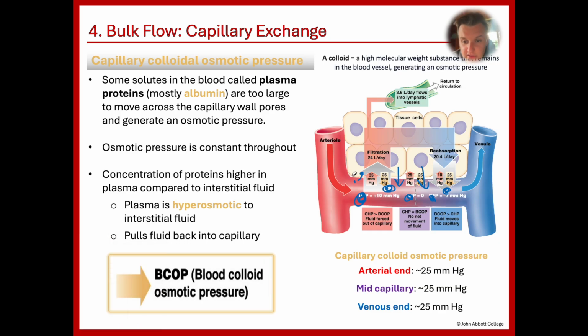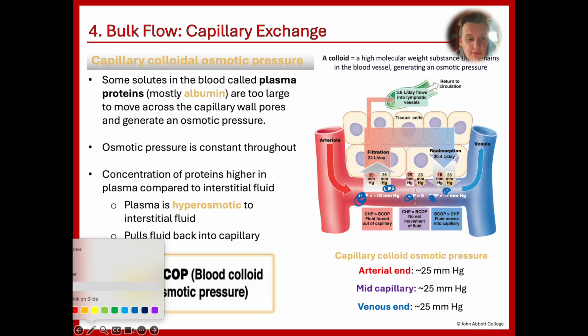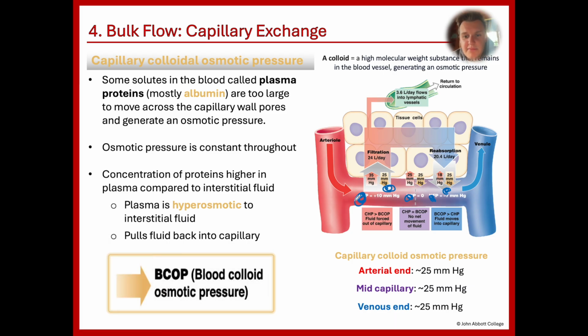So if you take a look over here, I want you to notice that this osmotic pressure is constant throughout, because the amount of proteins doesn't change, right? The amount of albumin doesn't change here versus here. They're all flowing through the blood equally. And the concentration of proteins is higher in the plasma compared to the interstitial fluid, right?